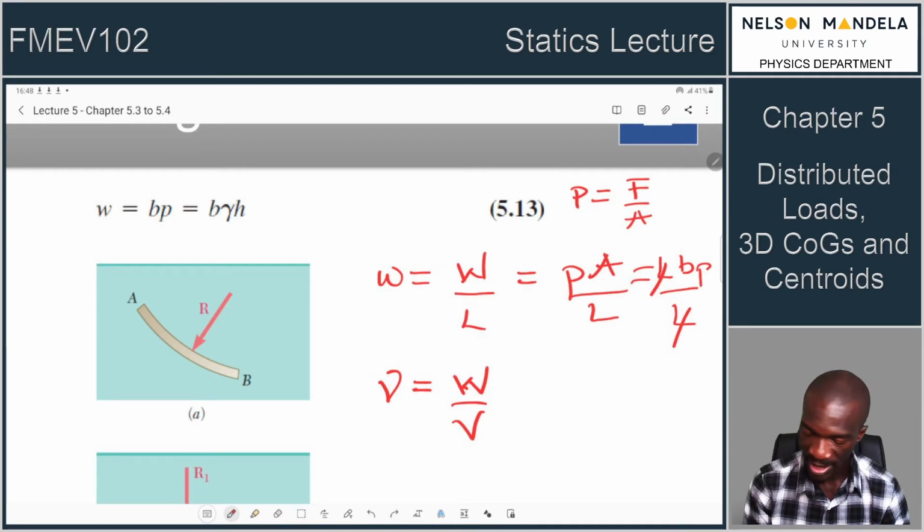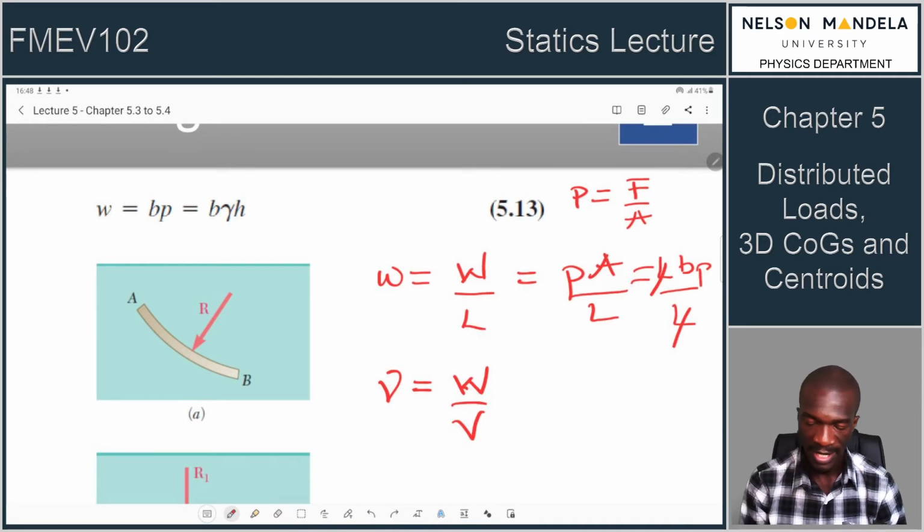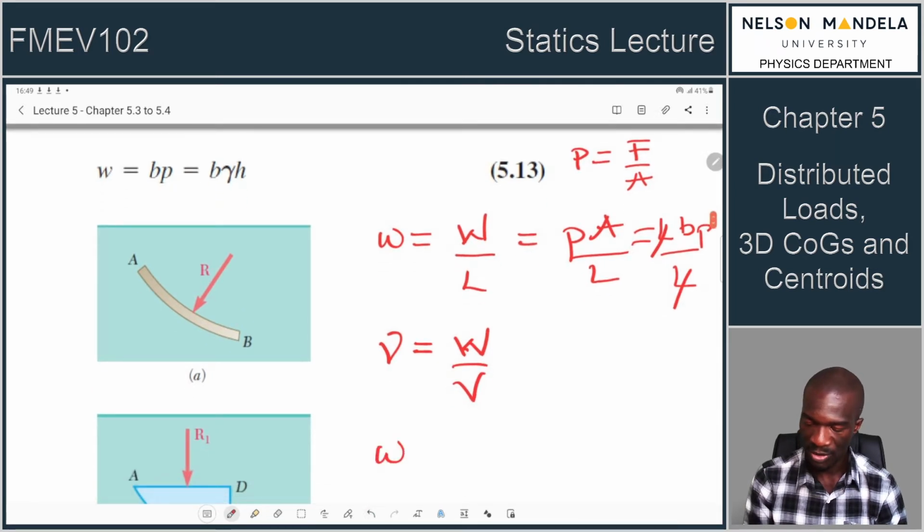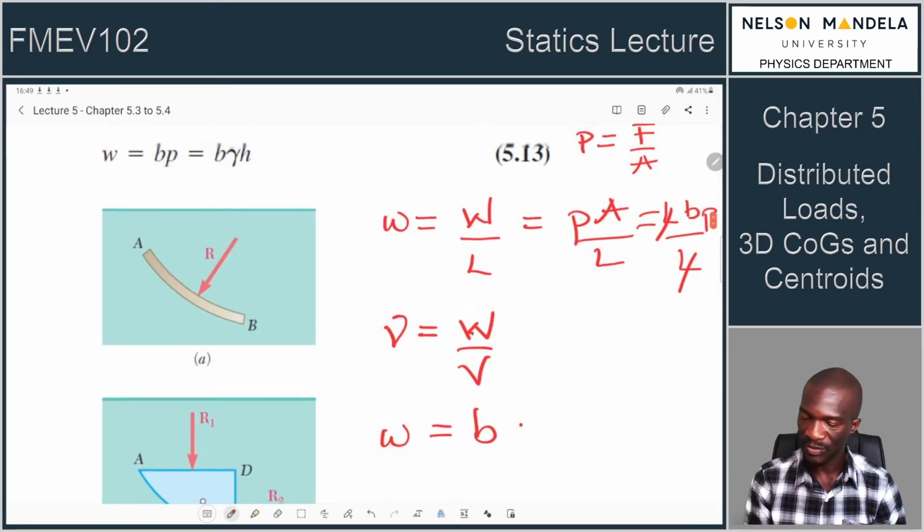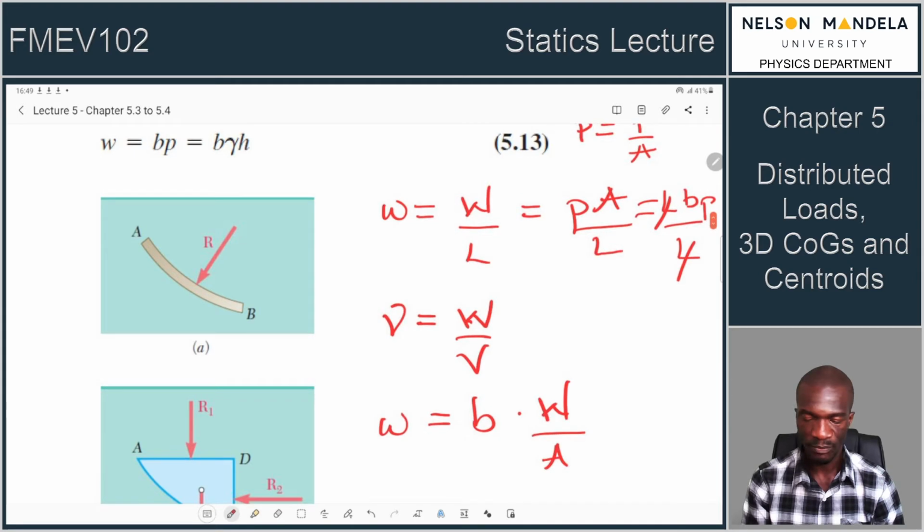So if gamma is a weight per unit volume, and we have our pressure written there, our w can be written in terms of B multiplied by P. The P is the force per unit area, so that would be the weight per unit area.